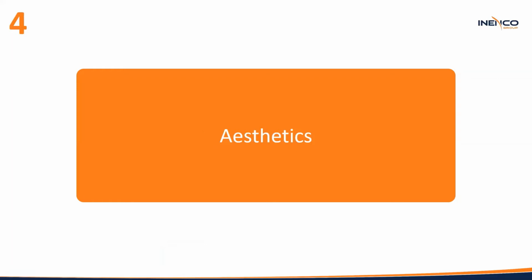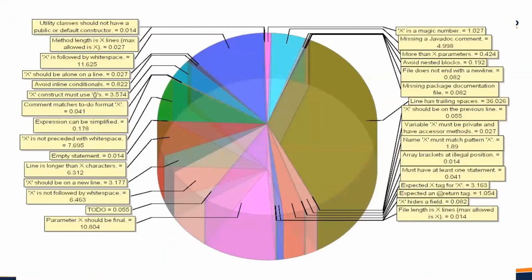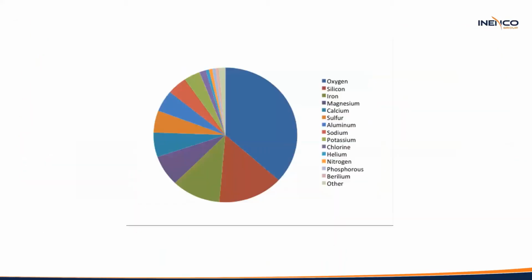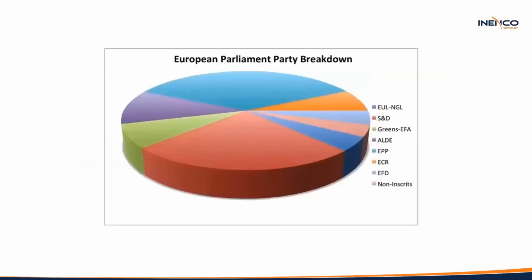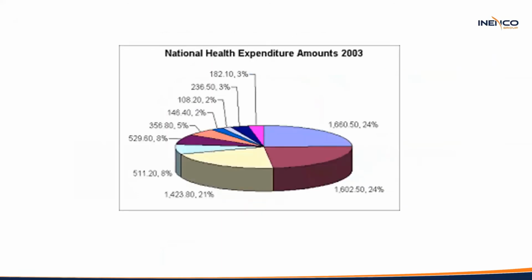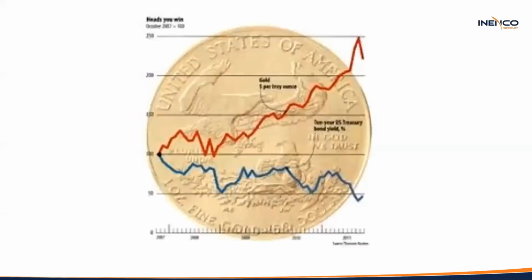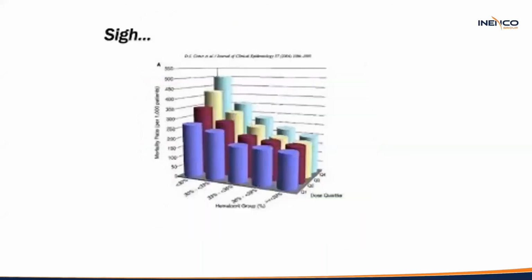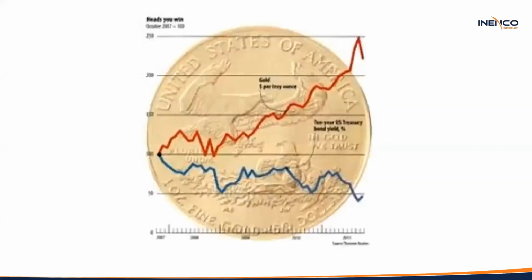Now, why I'm so passionate about aesthetics is very simple, because charts like these, or like this, or like this, or like this, somebody decided to put a background of a chart and this. So these are the types of charts which you should not be making.